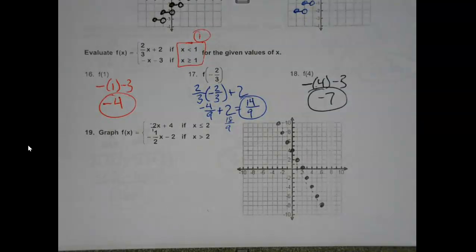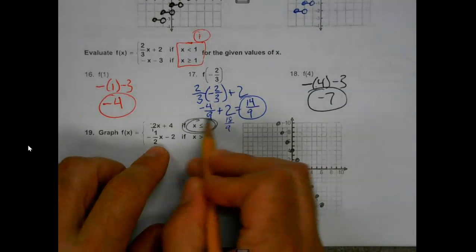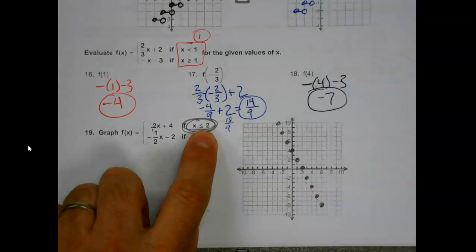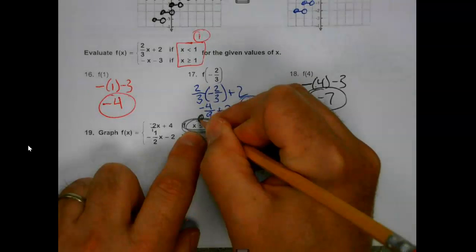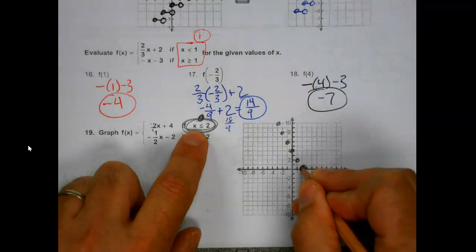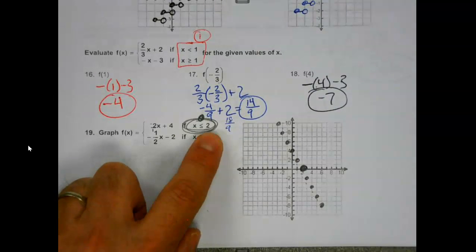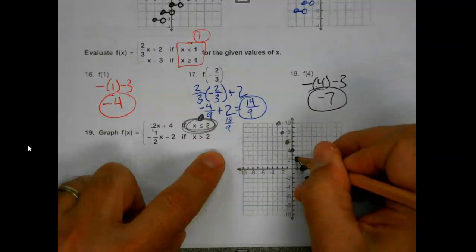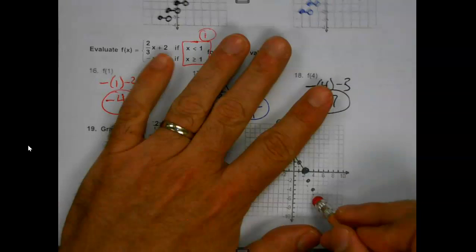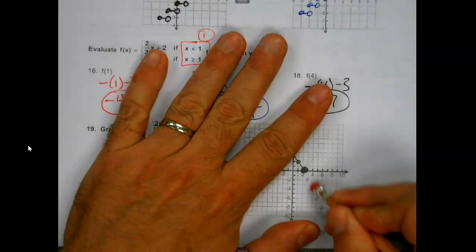Not connecting them. The line has to start at 2. X equals 2, right there, with a filled in dot. X is less than the values to the left. All I want is those. The rest of these go bye-bye.